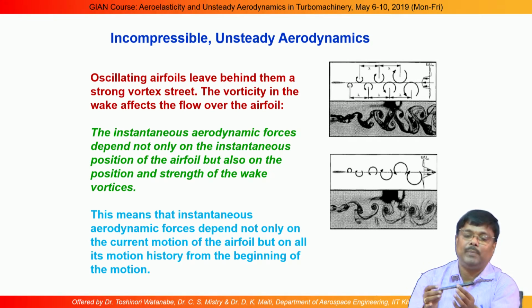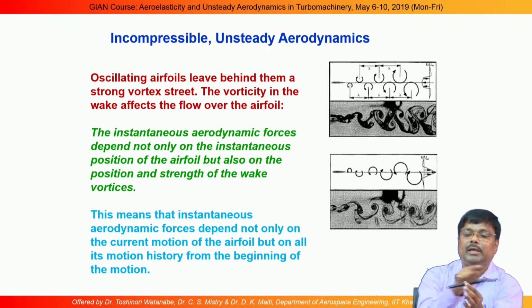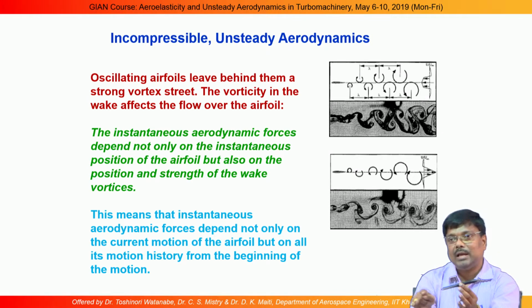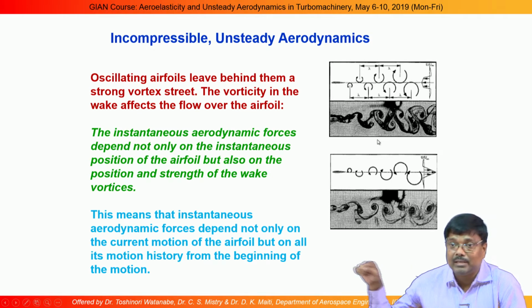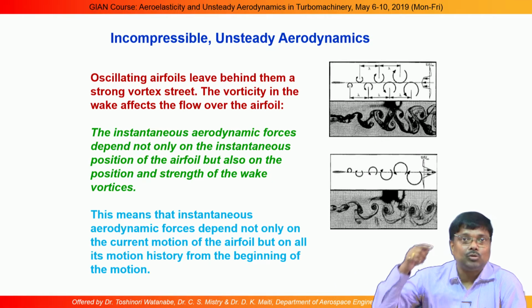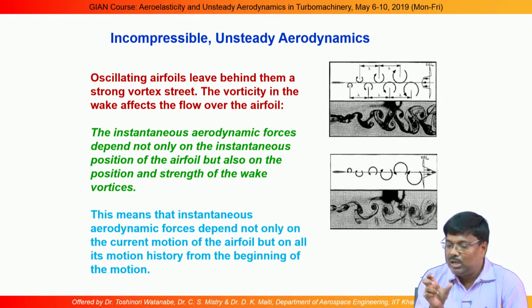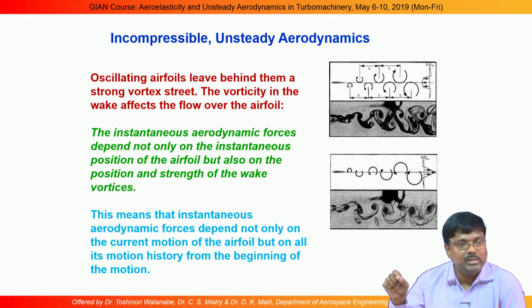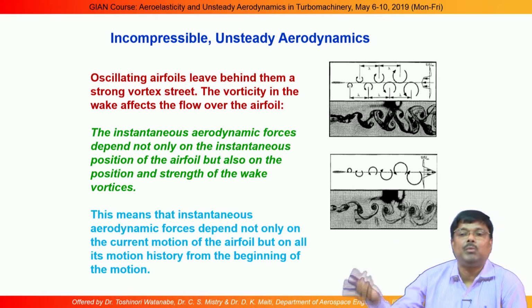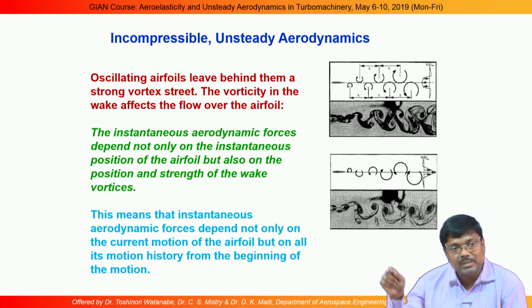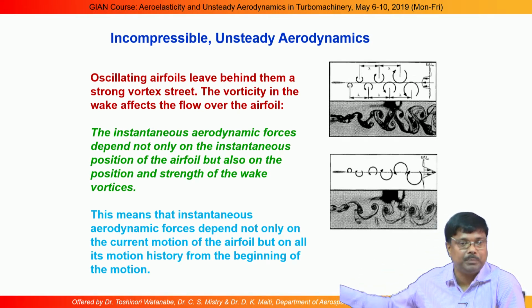Let us say the flow is coming like this and it is oscillating like this, then a vortex will be generated at the trailing edge. It will have some vortices in a clockwise direction, and the next time when it is going upward or downward, it will have the opposite direction. Those vortices are shed in the downstream.